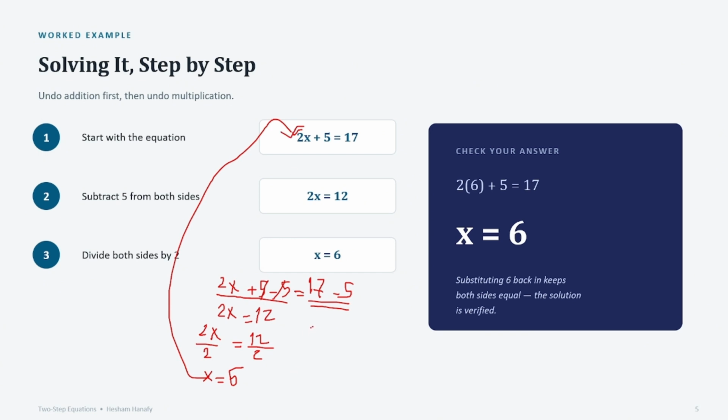So 2 multiplied by 6 plus 5. 2 multiplied by 6 is 12, and addition of 5 gives 17. So our answer is correct.